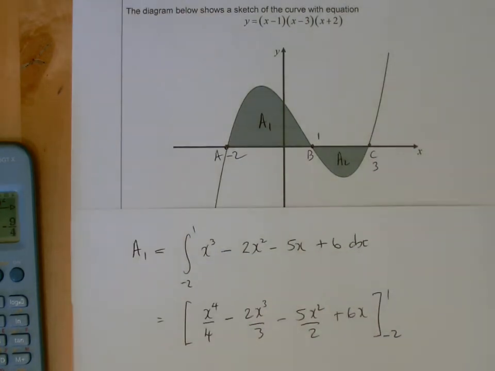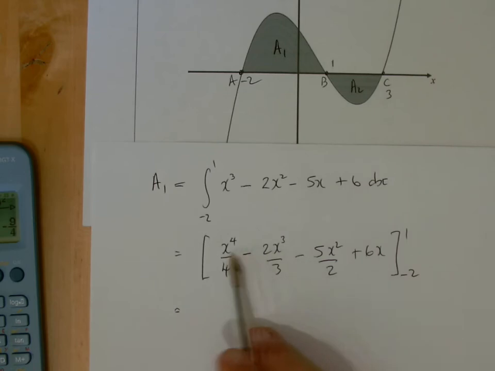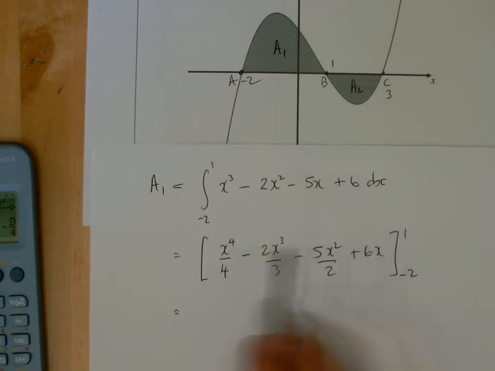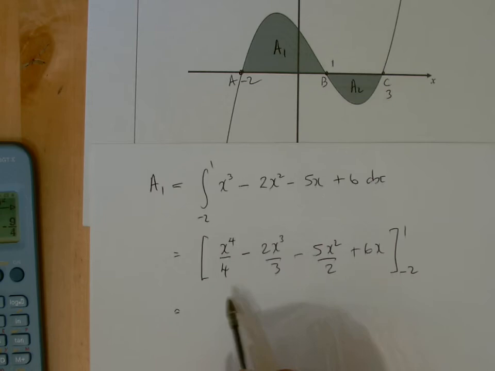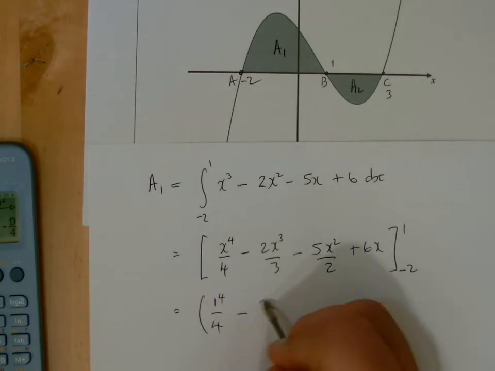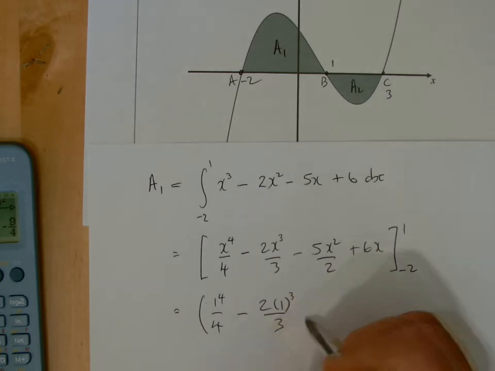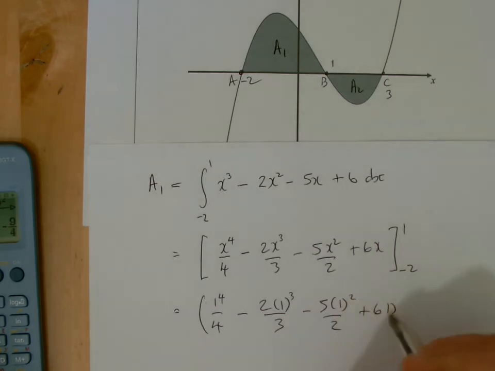So what we need to do then is put the upper limit in, so we need to put 1 in here. If we put 1 in here, we're going to have 1 to the power 4 over 4, take away 2 times 1 cubed over 3, take away 5 times 1 squared over 2, plus 6 times 1.